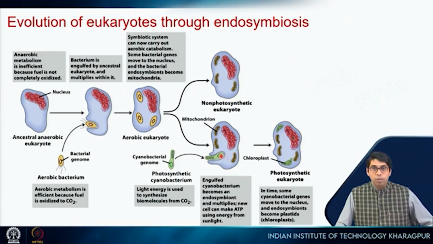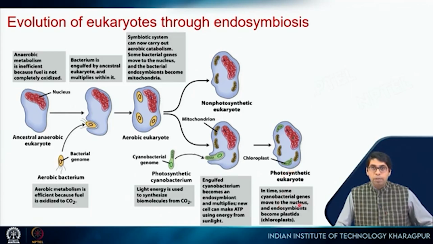It will again lose some of its genes to the nucleus, but it will retain some other genes. Now it can make ATP using energy from sunlight, right. So this cyanobacteria becomes the chloroplast. This is a photosynthetic eukaryote which has both chloroplasts and mitochondria, and these are present in plant cells, in the leaves of plants where photosynthesis occurs.